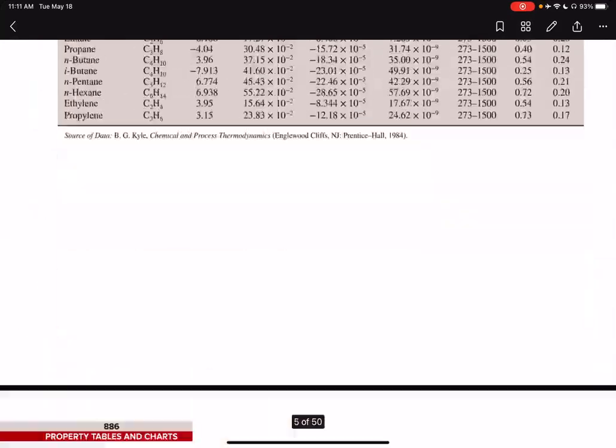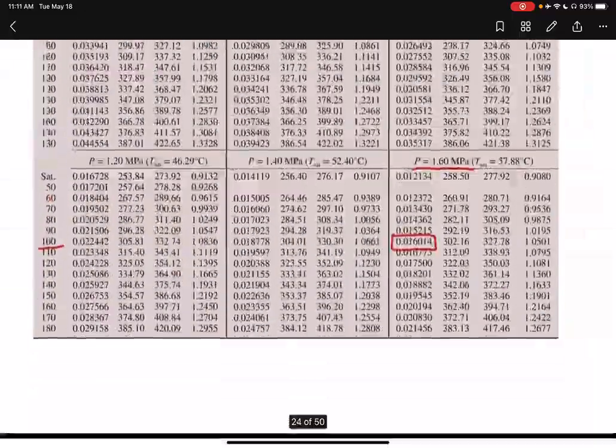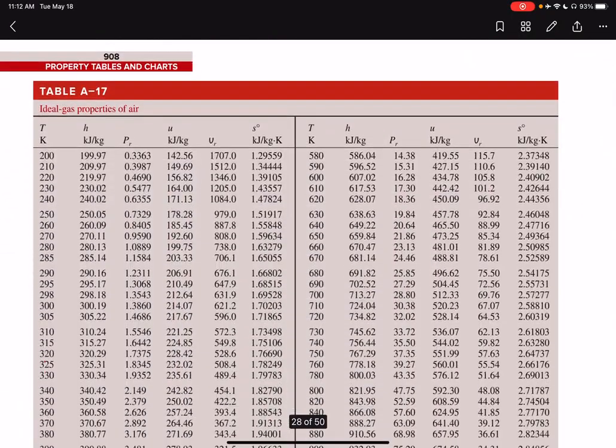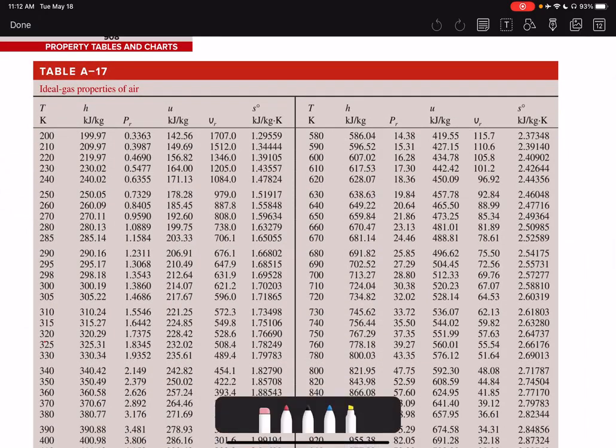So if we go to table A17, let me scroll to it. We have ideal gas properties of air. And in these ideal gas properties for air, we have our values for H and U. Very convenient, right?